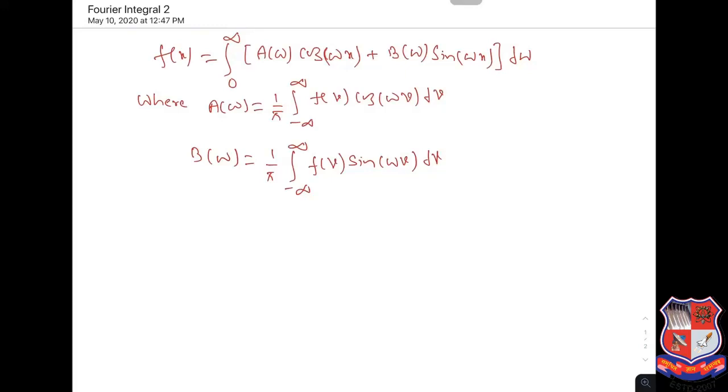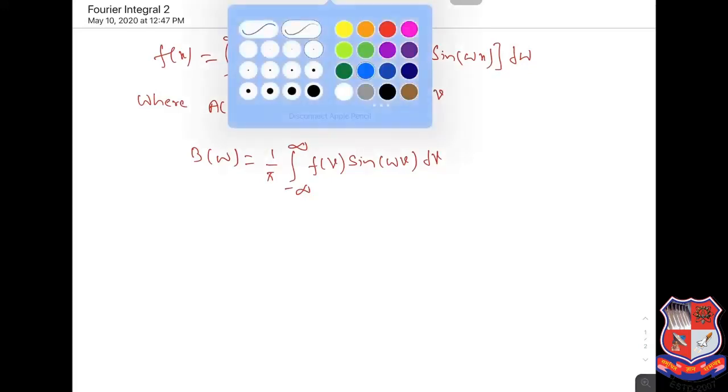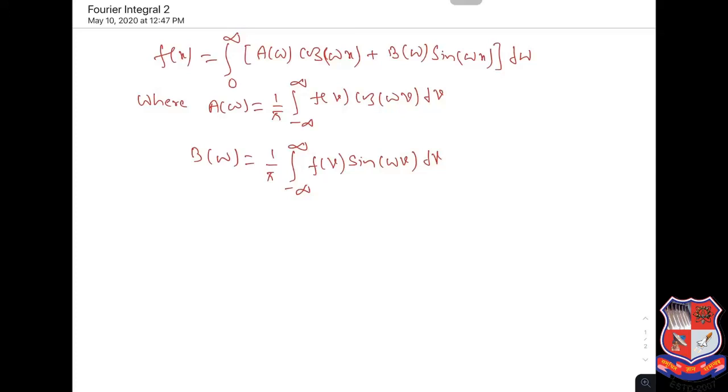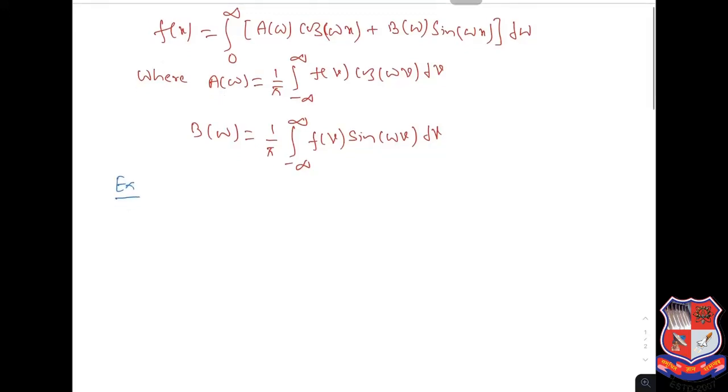so let us solve an example. So if f(x) is e power minus mx if x is positive, m is already positive given, and 0 if x is negative.